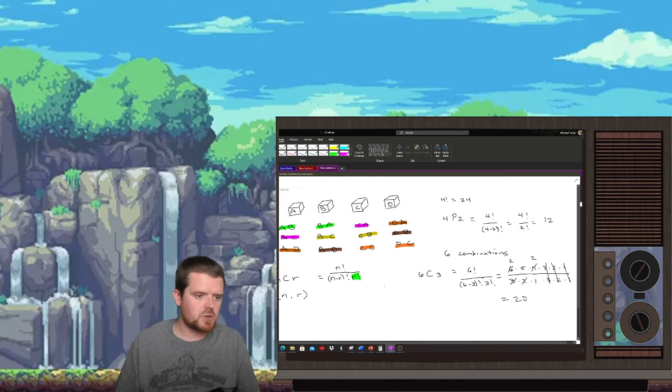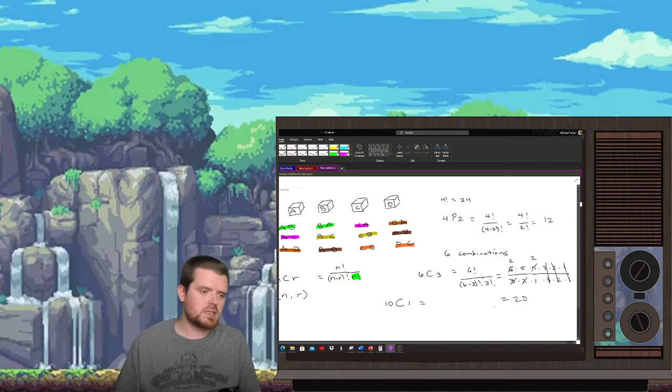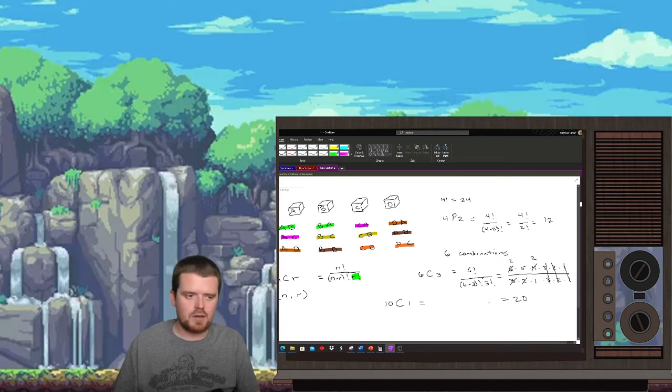Now, there are some special cases where you get something like a simplified answer. So for instance, like 10 choose 1 or any n choose 1. When I go to do this, I end up with 10 factorial over 10 minus 1 factorial times 1 factorial.